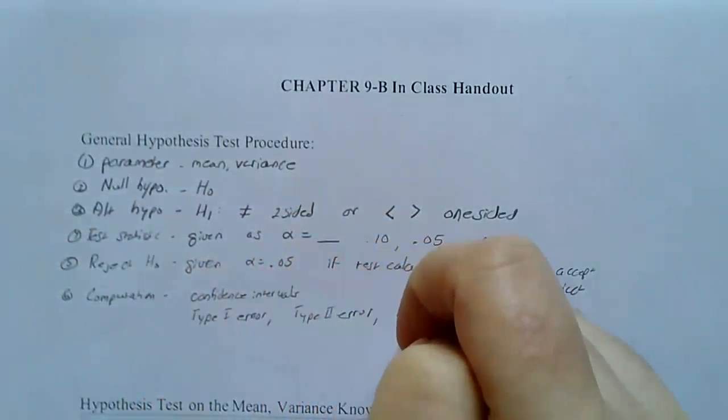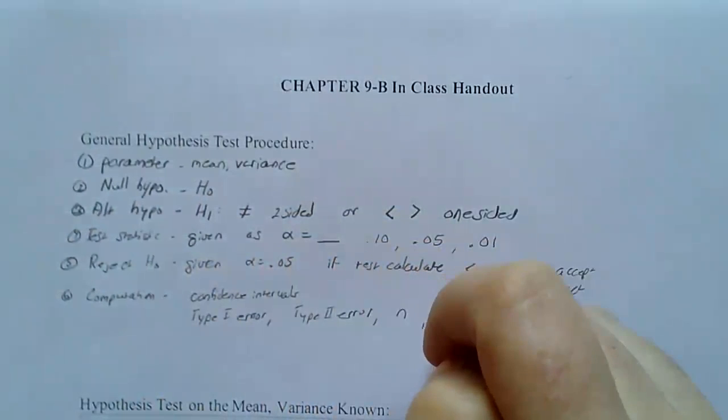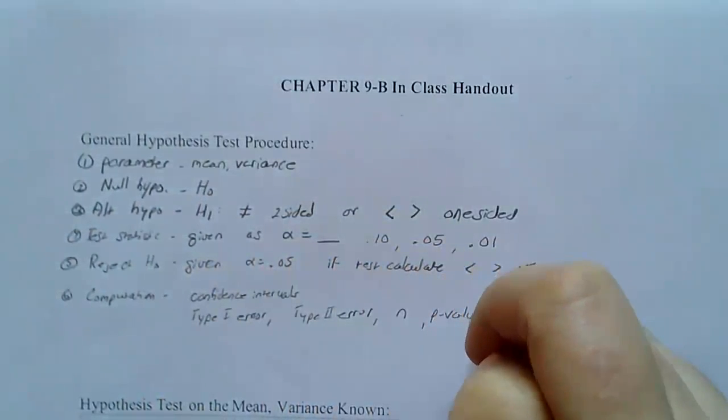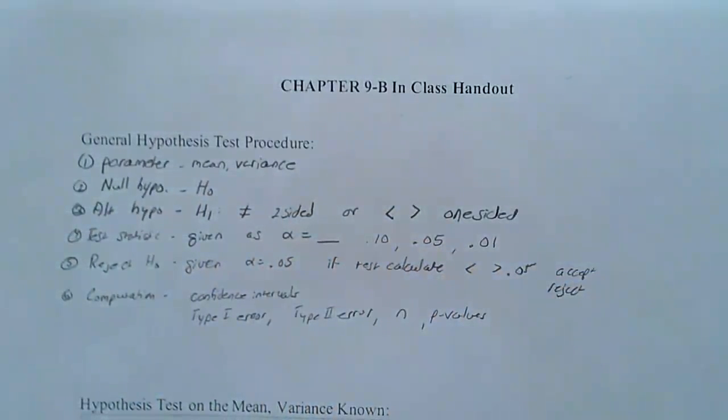We might look at sample size. We might look at p-values. But we're going to do some sort of calculation to determine if we can compare the data that's been collected, the mean, the variance, the proportion, to the null hypothesis and confirm, either accept or reject our hypothesis.